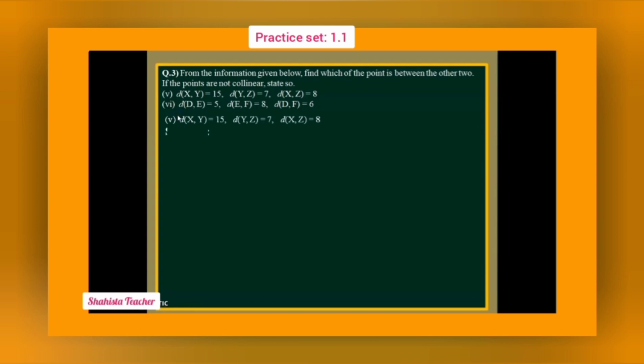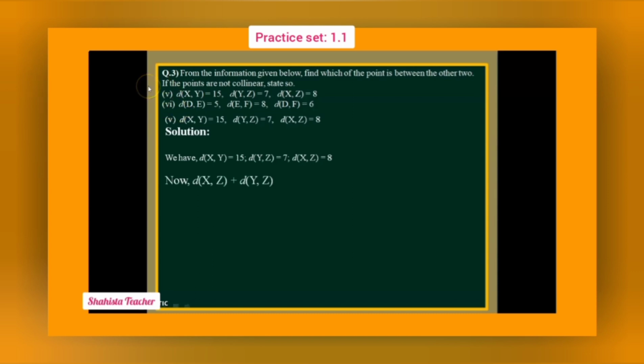Now here, solution. As you know, we have distance of xy is equal to 15, yz is equal to 7 and xz is equal to 8. This is the given value. So here we will write, we have xy is equal to 15, yz is equal to 7 and xz is equal to 8. Now after this, what do we have to do?